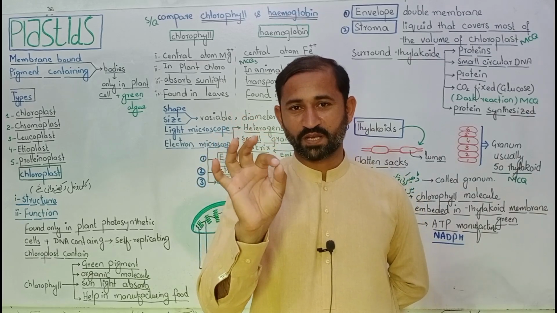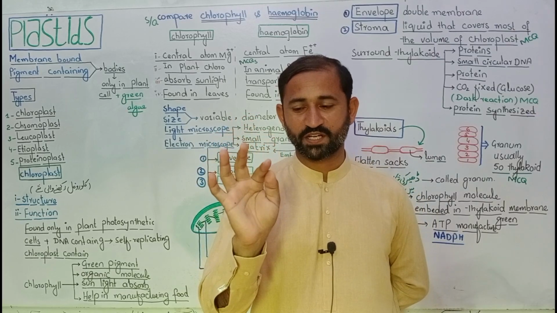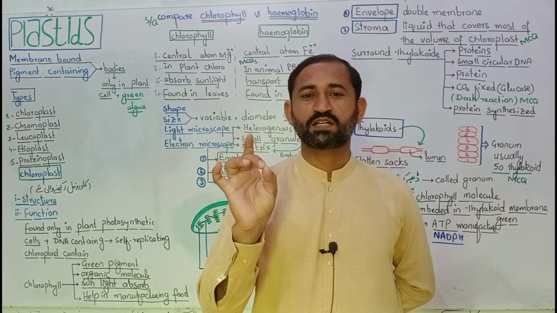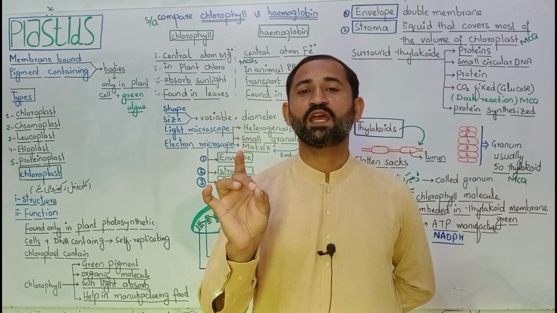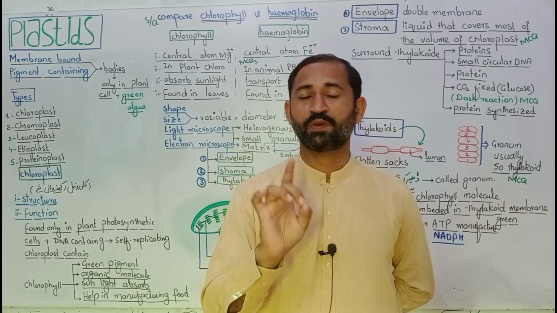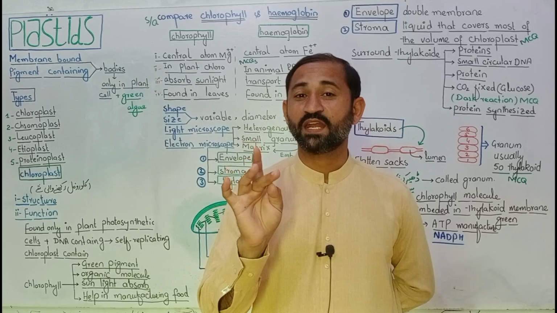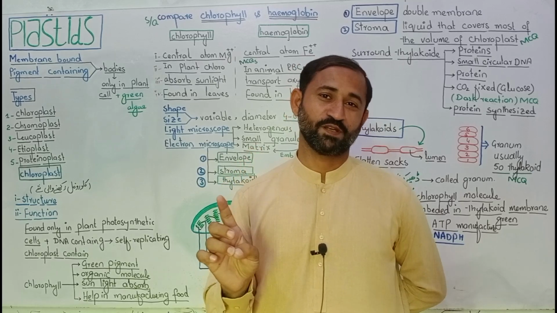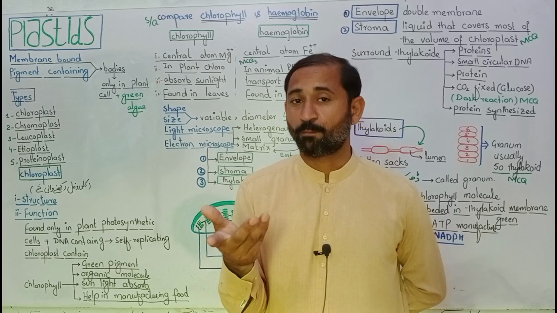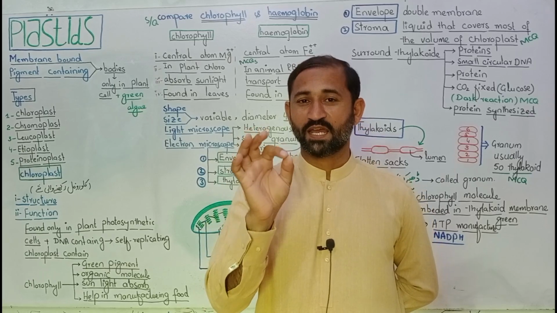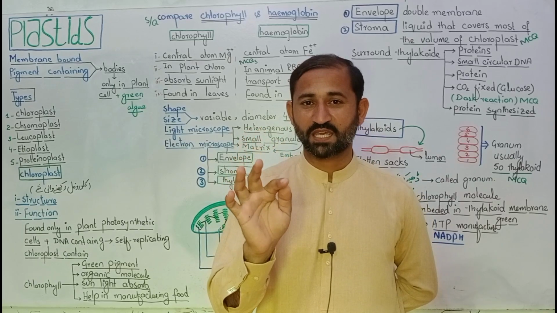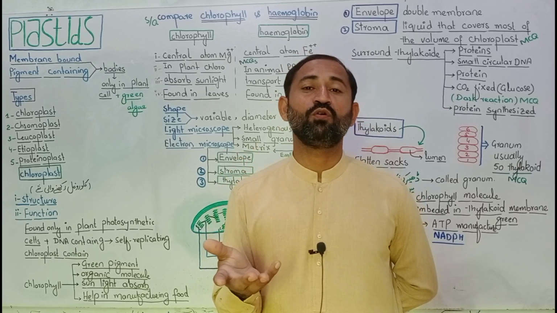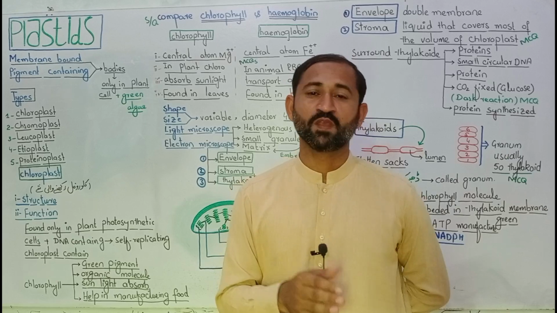Chloroplast is a double membrane-bound, pigmented organelle found only in plants and green algae. It contains a light-absorbing organic compound, green in color, known as chlorophyll.